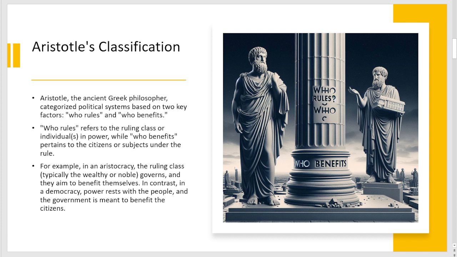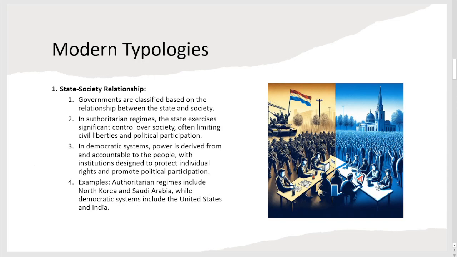Now, staying in that discussion of who rules and who benefits, we will further discuss the relationship between who rules and who governs through what are called the modern typologies. What are the modern typologies? This is useful for classifying modern governments.